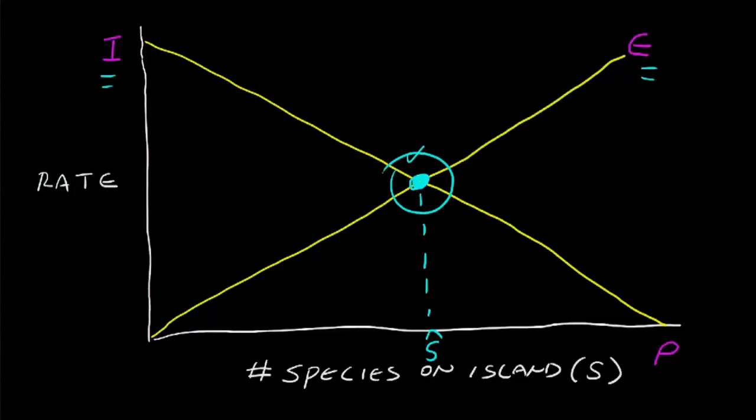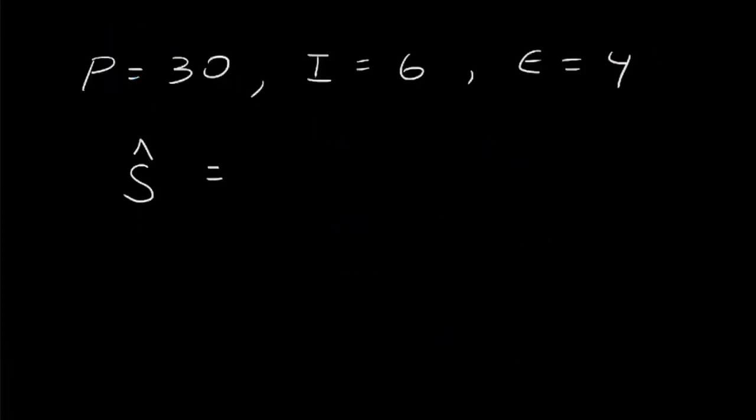And we can put a couple of numbers in there just to demonstrate this equation. So here's our S hat equation, which is I times P over I plus E. And let's say we know that our source pool has 30 species, and through other studies we're able to determine that our immigration rate is 6 and our extinction rate is 4. So we can plug those values into our equation.